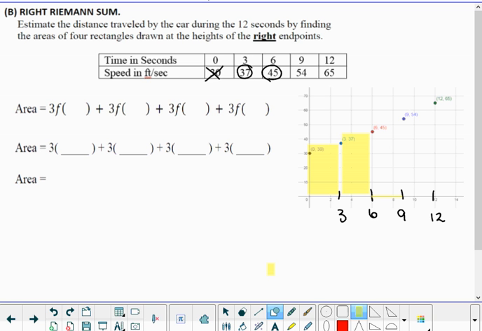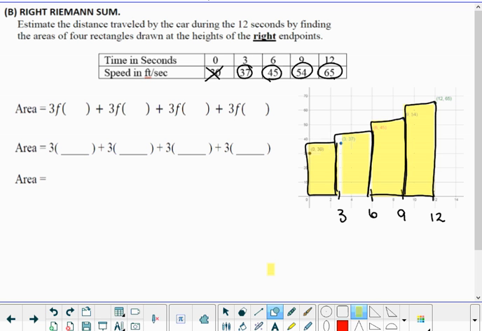Then the next rectangle, I'm over at 9. I went to the right-hand side, travel up till I intersect my curve, which is the height of 54. And finally, my last one, I'm going to draw it up until I reach 65. So you can see the 4 heights that we're using. If you wanted to, hopefully you drew in your rectangles while we were doing it as well.